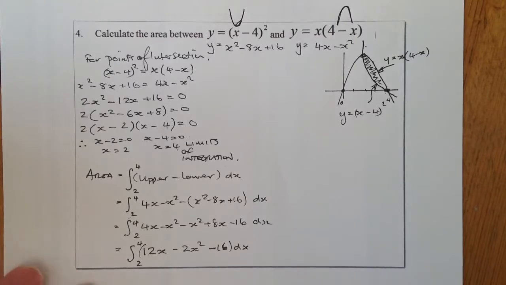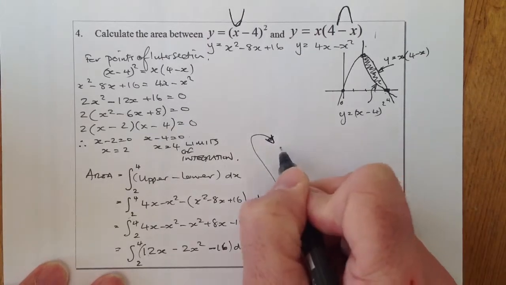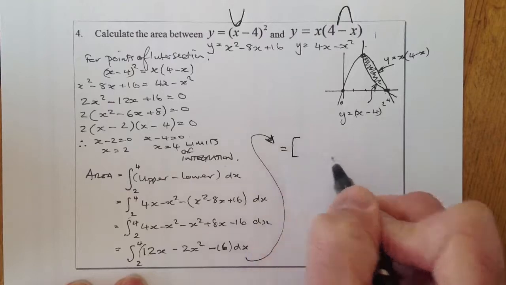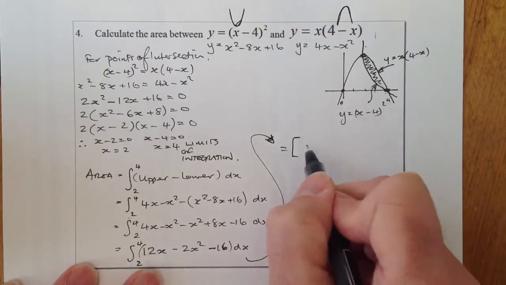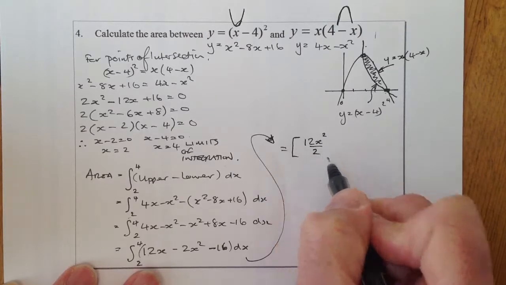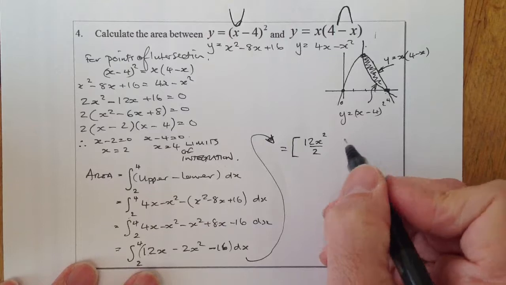Okay, so it's in a form where I can integrate it now, so let's go ahead and do that. I'm going to integrate it, so let's put a square bracket around there. It's going to give me 12x to the power of 2 all over 2, the new power just dividing by it.